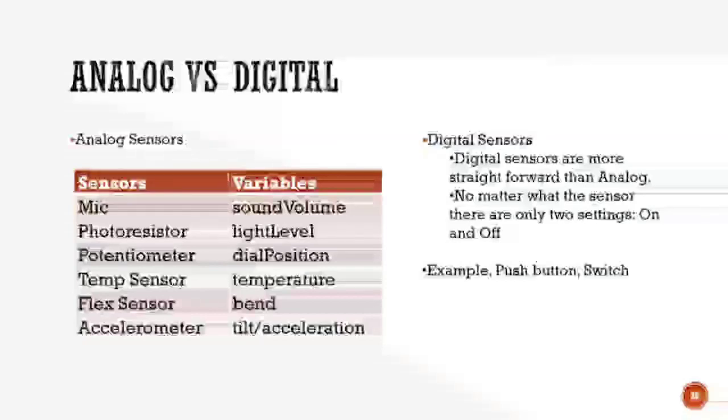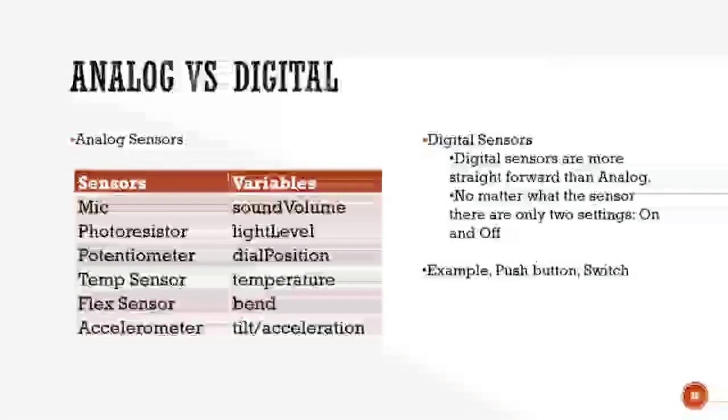The photoresistor is used to measure the intensity of light. The temperature sensor is used to measure temperature. The accelerometer is used to sense acceleration and tilt.